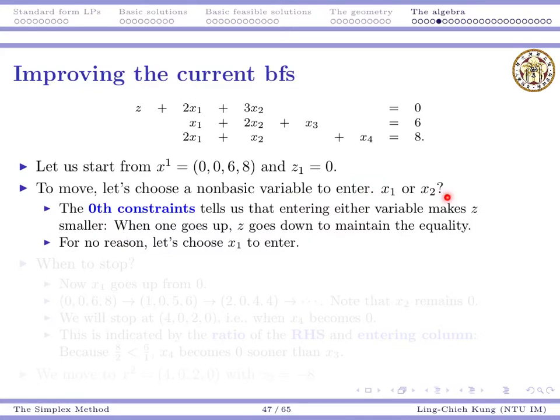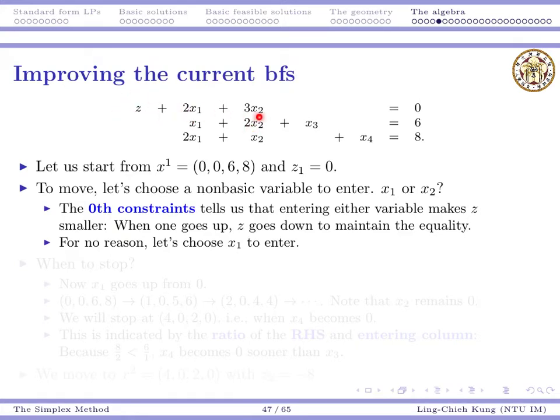In this case, the zeroth row is providing us valuable information. We want to know when a variable goes up from 0, what will happen to z? And with this, we can see that if x1 goes up, then z will be smaller. Or if x2 goes up, z will become smaller.